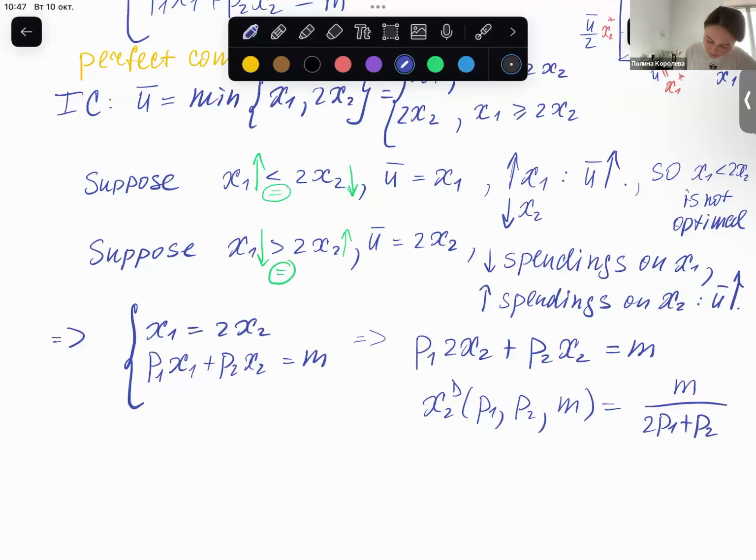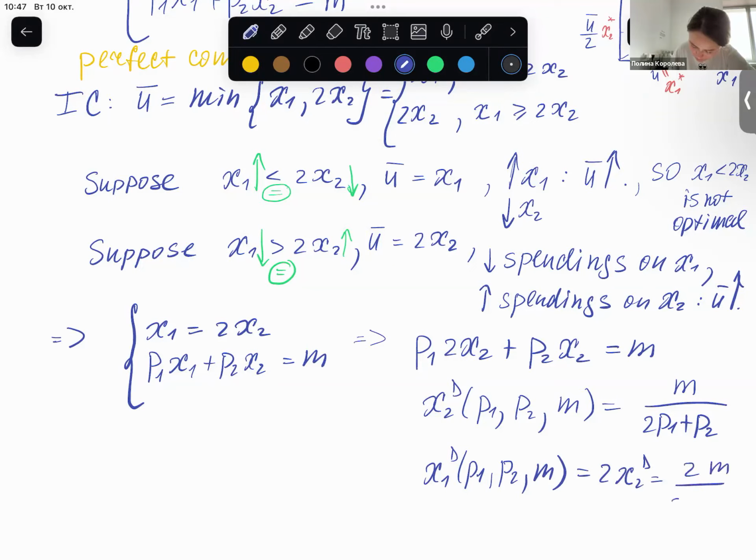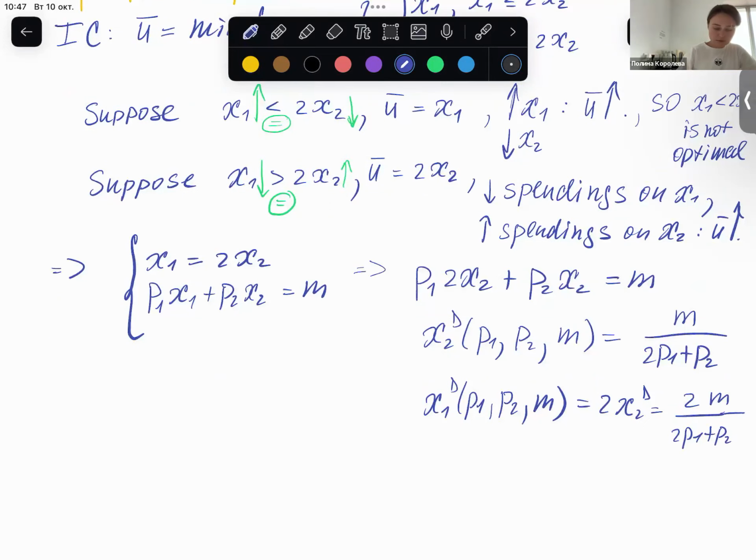And x1 equals 2x2. This is 2M over 2P1 plus P2. Let's check the law of demand and what about these goods?